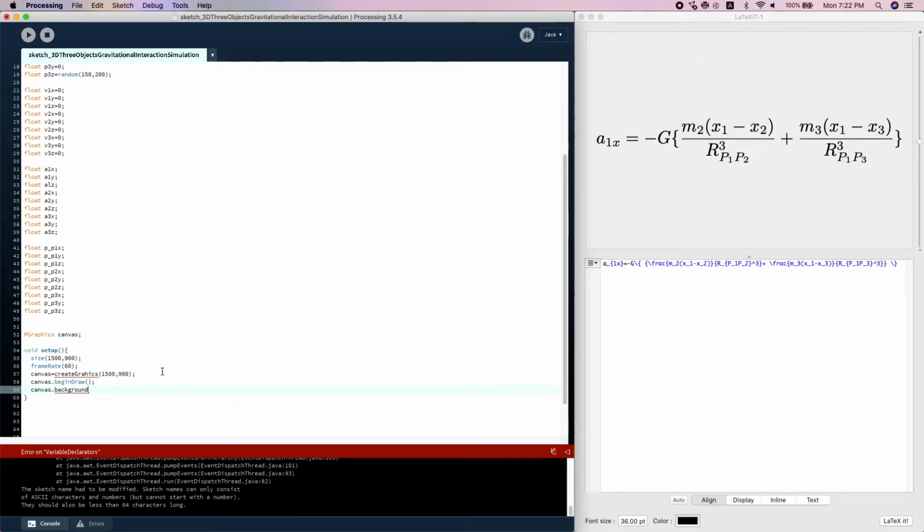Set the color of our canvas background, and that's basically the setup, now complete.